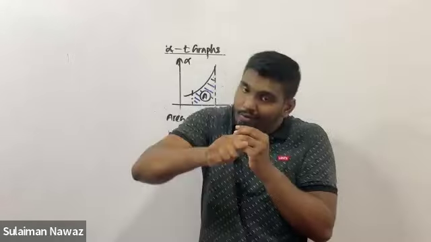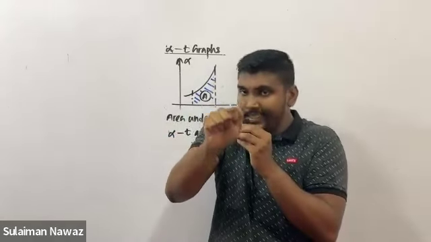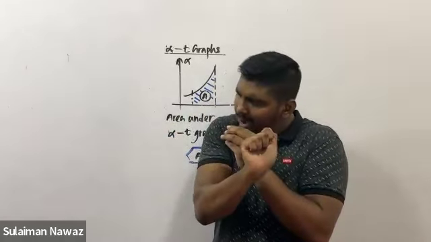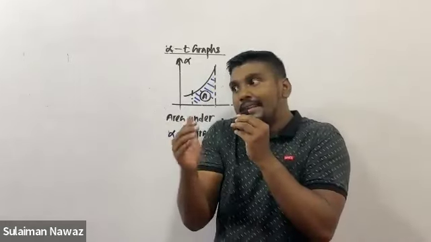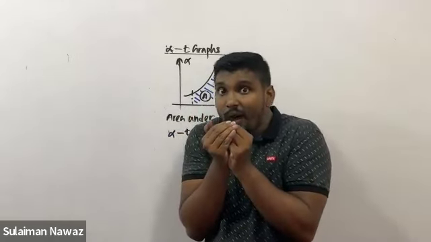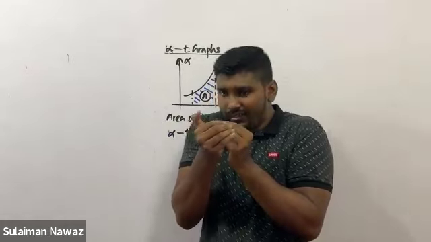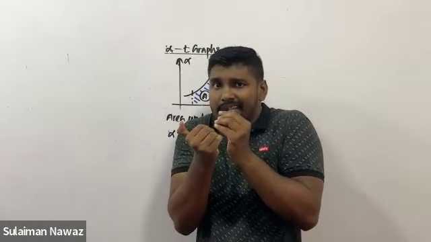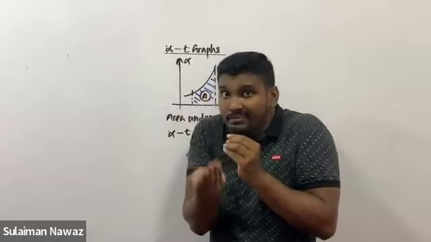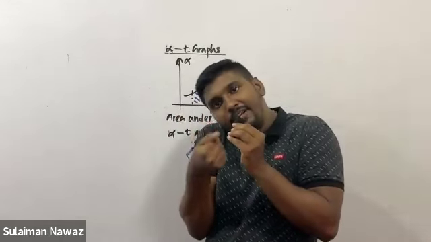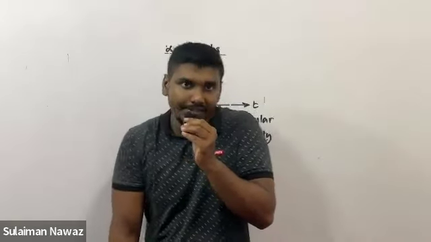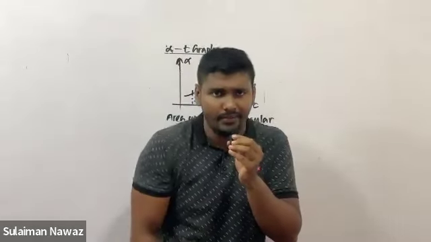If it is moving at the same velocity, for example 50 m/s to the right, it doesn't like to change that velocity. So there is a kind of resistance in the object to change its current state of motion. This is what we defined as inertia, right?